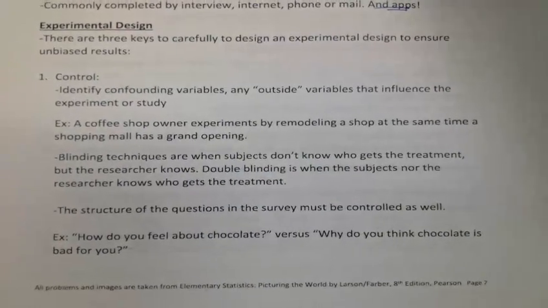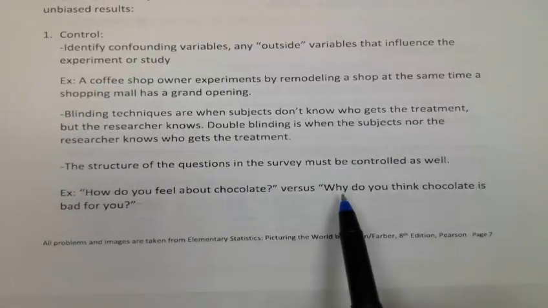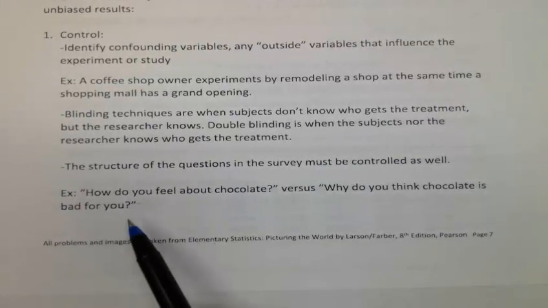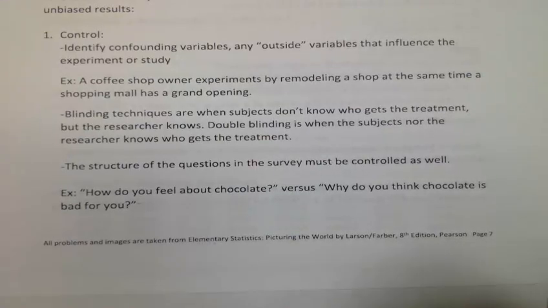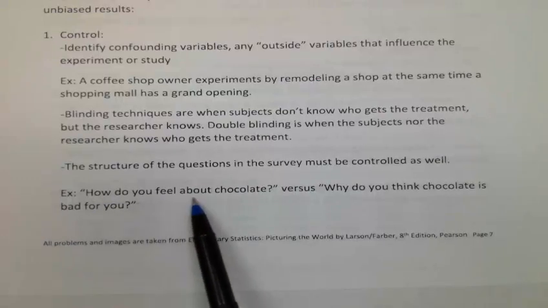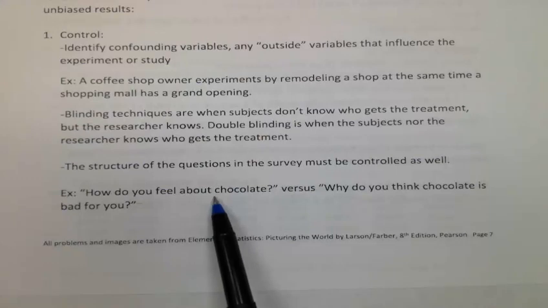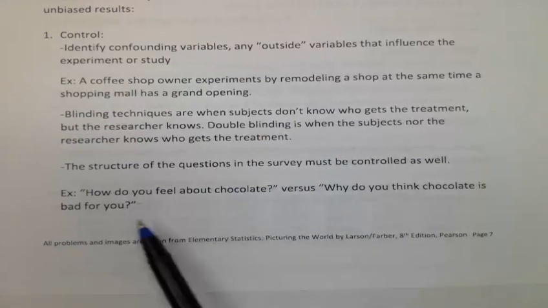So let's think about this one. How do you feel about chocolate versus why do you think chocolate is bad for you? Let's think about what that's trying to say. So saying this is stating they really want your opinion. How do you feel about chocolate versus why do you think chocolate is bad for you?